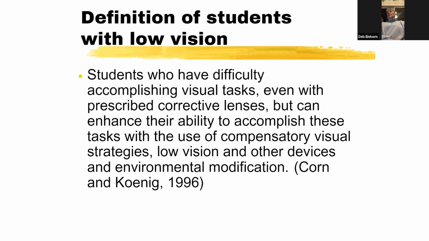There are different categories of visual impairment, including total blindness, functional blindness, legal blindness, and low vision. Each of those categories is going to need different kinds of accommodations. But students who have difficulty accomplishing visual tasks, even with prescribed corrective lenses, are going to need low vision services.